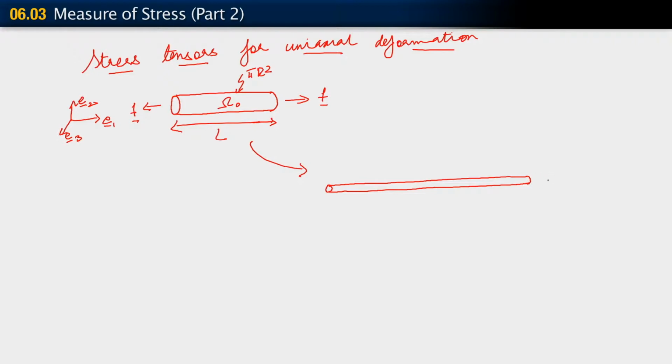The force remains the same. This is omega sub t, with cross-section pi little r square, and that length is little l.